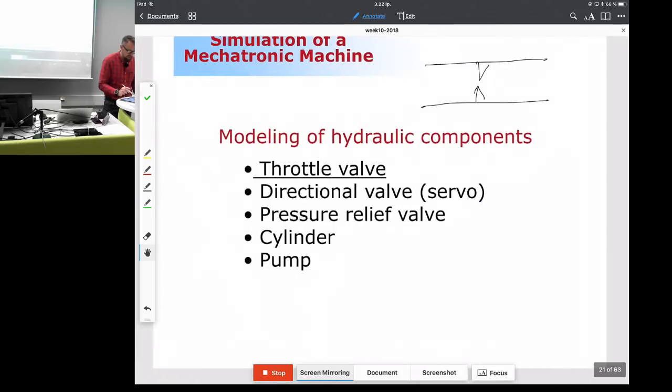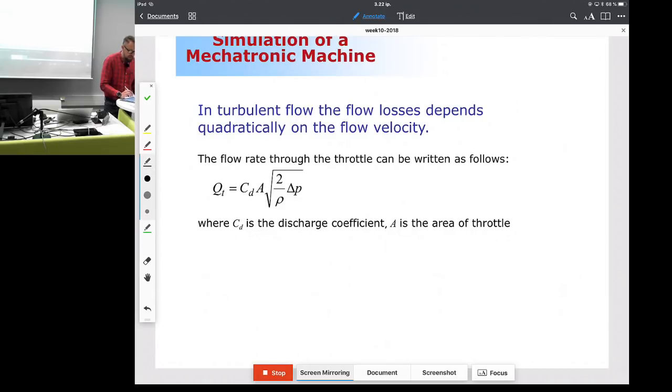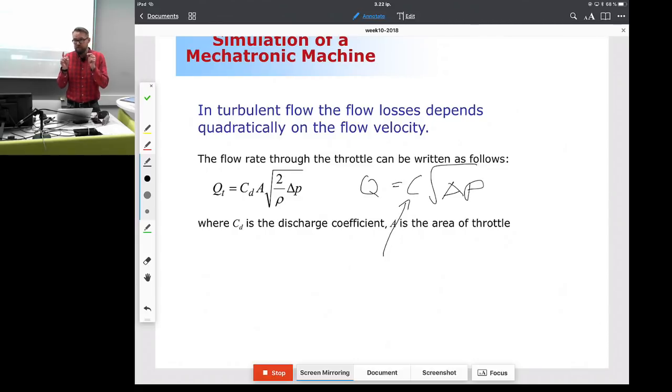Once we have a simple estimation of the spool position, we go further from that. Using this flow equation, we model the flow such that it is just a semi-empirical parameter multiplied by the pressure difference. This semi-empirical parameter we can obtain from the manufacturer's catalog.